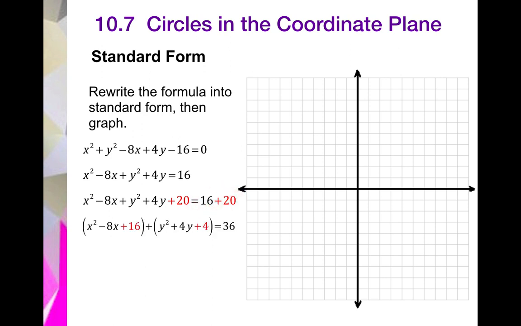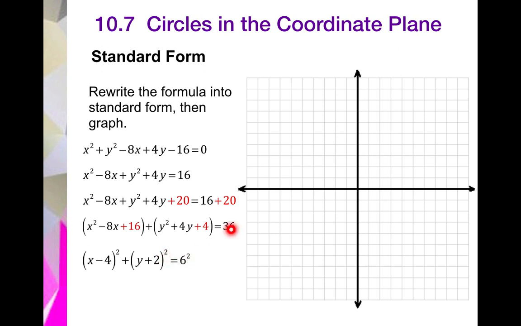And the next thing I'm going to do is divide out 16 of that 20 and put it in this quantity, and 4 of that 20 and put it into this quantity. And when I add the 16 and 20, I get 36 on this side. Then I just factor this, and I factor this, and I get (x minus 4) squared and (y plus 2) squared.